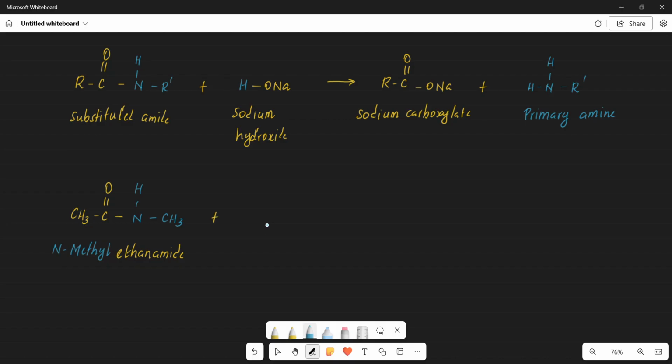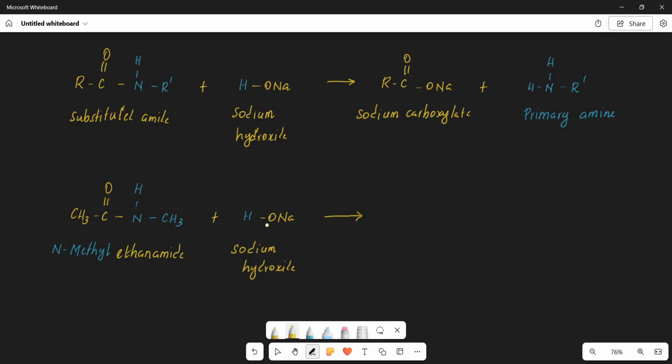Again, you are using alkali, sodium hydroxide. Usually we write sodium hydroxide, NaOH, simply; to know how the bond breaking happens, I am writing in a different way.